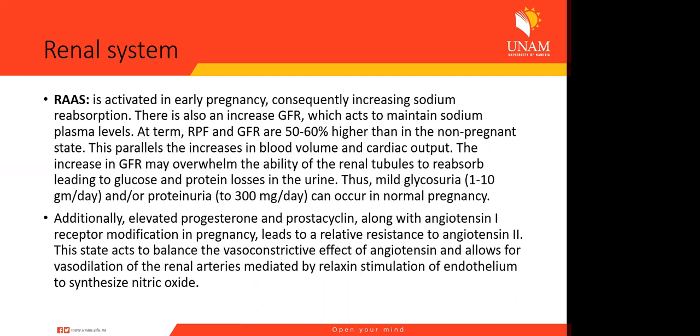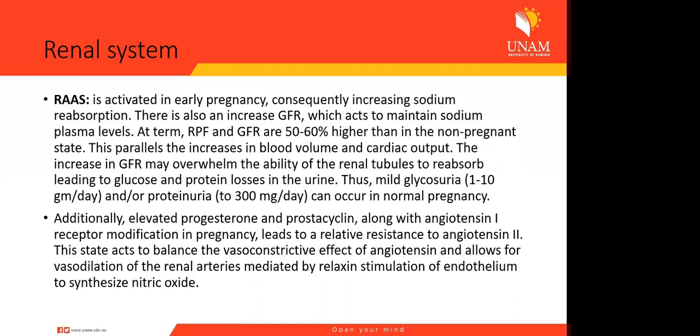The increase in renal plasma flow and glomerular filtration rate parallels the increases in blood volume and cardiac output. And the drawback there is that this increase in GFR may overwhelm the ability of the renal tubules to reabsorb some of the solutes, and this may lead to increases in glucose and protein losses in the urine.